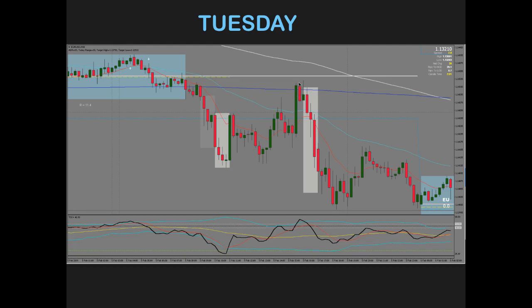It makes a new high in New York, above London's high, but the high of the day is still up here. Just keep in mind, when I say new high, I don't mean a new daily high, but a higher high than we created in London, off of this retracement. And then we had a sharp move lower in New York, and that falls in line with our bias, right?